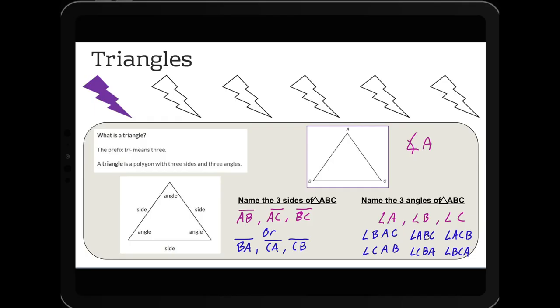That requires using all three letters, but what I should point out is that the actual location of the angle is the middle letter, the middle vertex. That always reveals the actual angle that you are naming. So just keep in mind, I just flip-flopped the other two letters, and I still was able to name the angles.